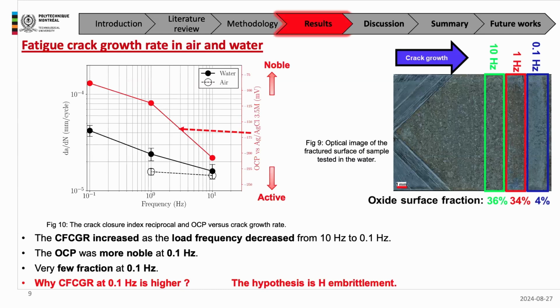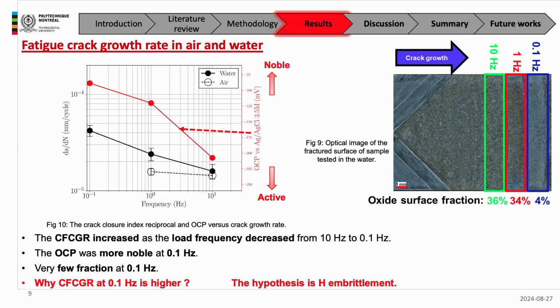Then we observed the open circuit potential, and we saw that the potential at 0.1 Hertz, where we have the most accelerated corrosion fatigue rate, was more noble. The open circuit potential was going towards more noble potentials. And it is in agreement with the observation on the fracture surface, where we detected only 4% corrosion products, meaning that anodic dissolution was not playing a role.